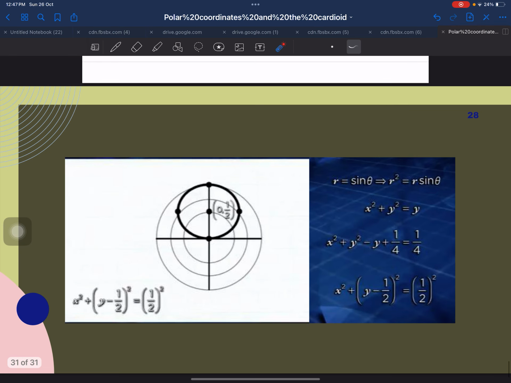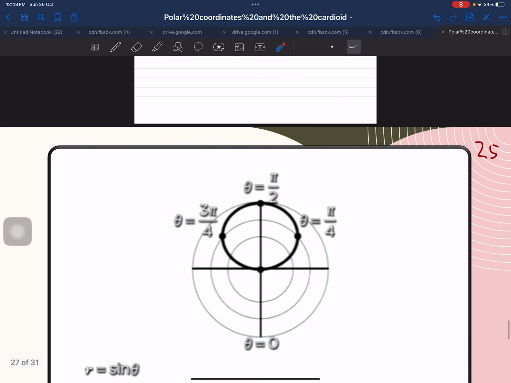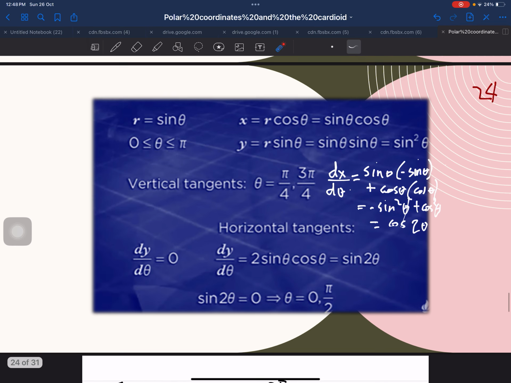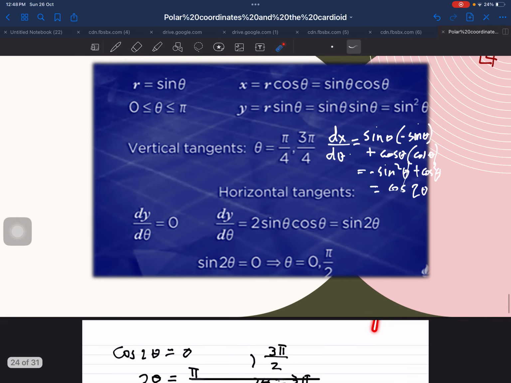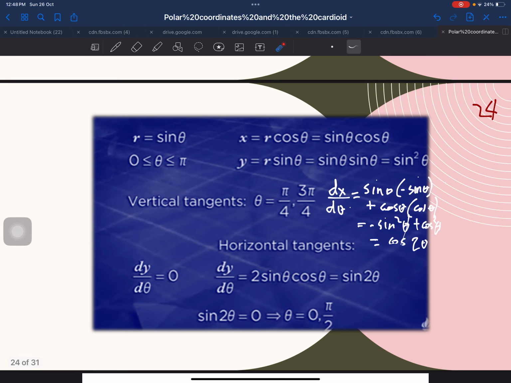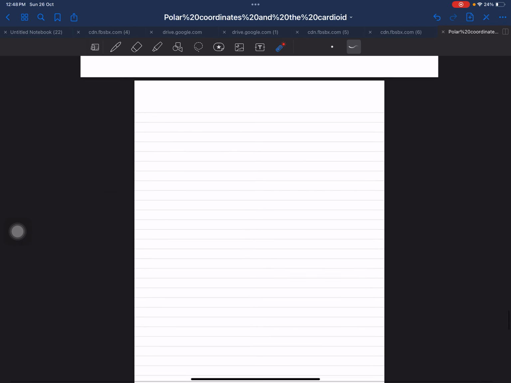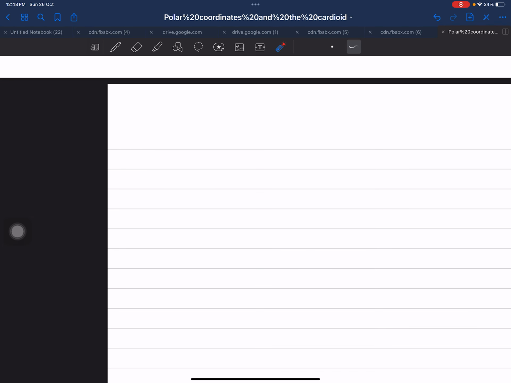It's from this time, what was that? dy over d theta. y is sine squared theta. So when we differentiate, let me use this color. Derivative of y with respect to theta, where y is equal to sine squared theta.